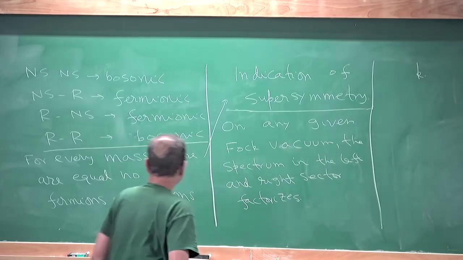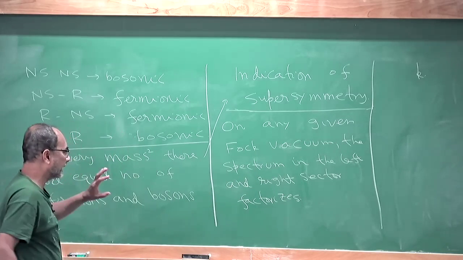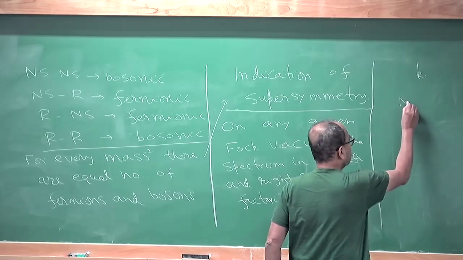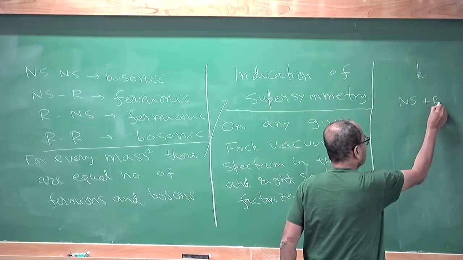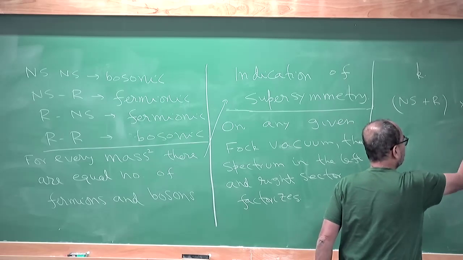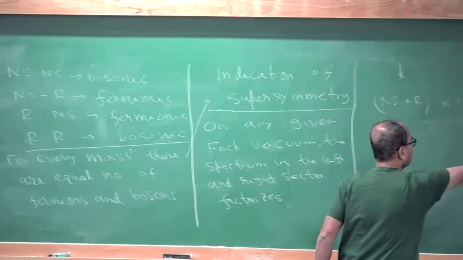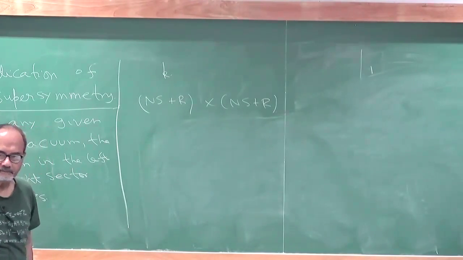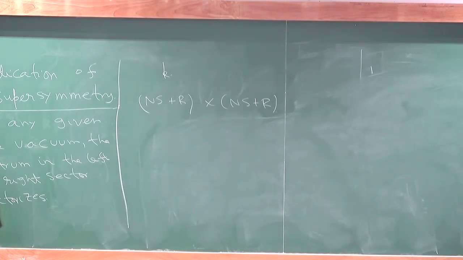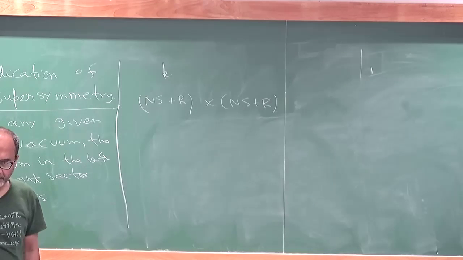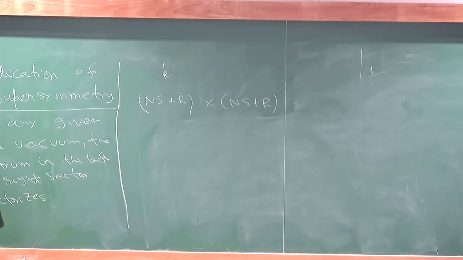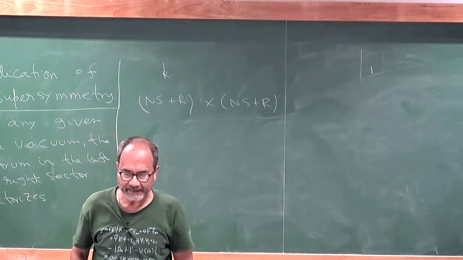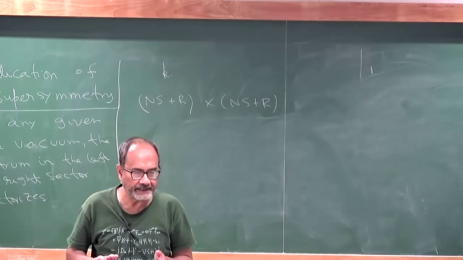So this we can write, again for a given Fock vacuum, as NS plus R times NS plus R. After putting in the physical state conditions, we get, even in the physical state conditions, for given K, the L_n and G_n are in the right sector, and L_n tilde and G_n tilde are on the left sector.